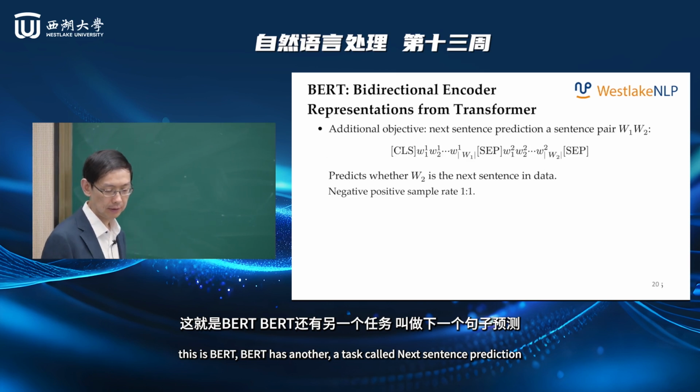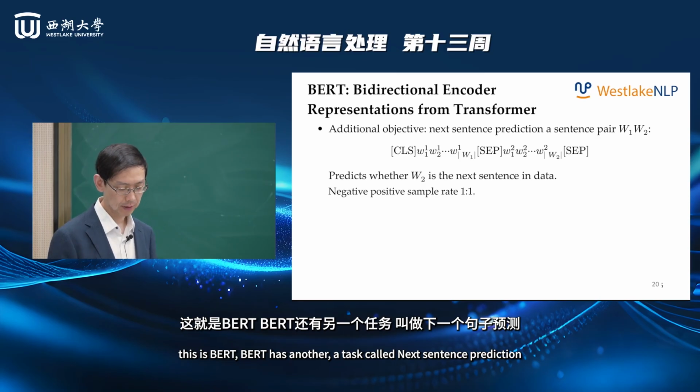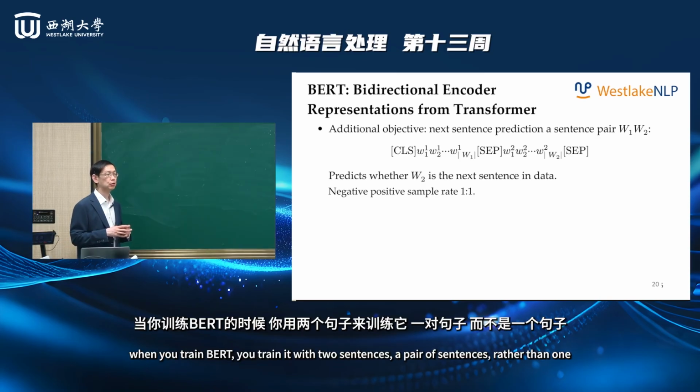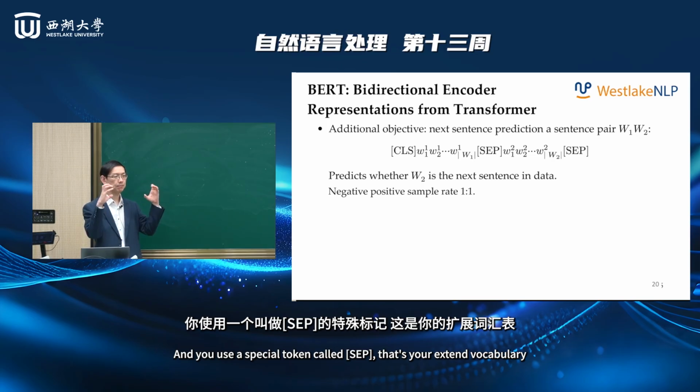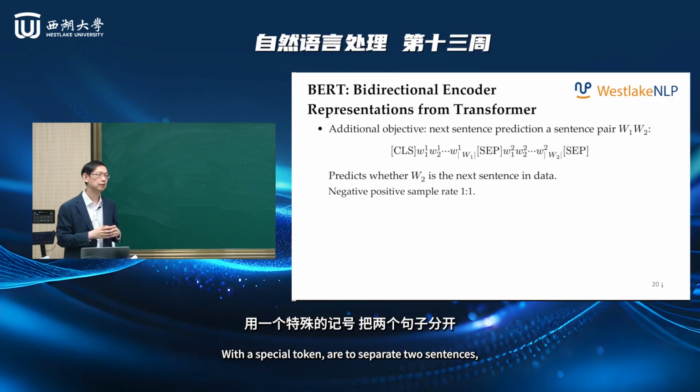BERT has another task called next sentence prediction. So basically, when you train BERT, you train it with two sentences, a pair of sentences, rather than one, okay? And you use a special token called SEP. Right? You extend the vocabulary with a special token to separate the two sentences.